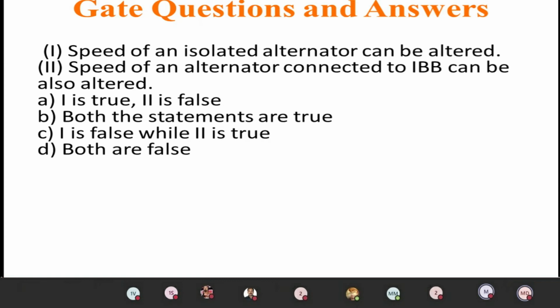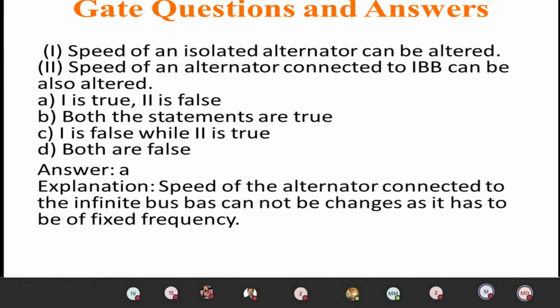If you lower your hand, it means you leave it, but the load remains constant. So from that, the speed of an alternator connected to an infinite bus bar cannot be changed, as it has to be at a fixed frequency. But in the case of an isolated one, there is no issue. The answer is A.